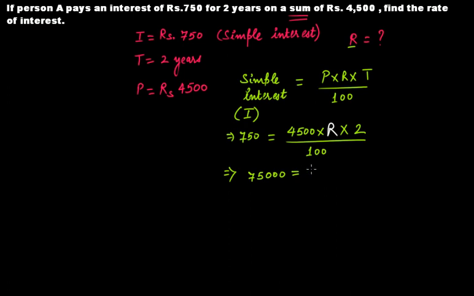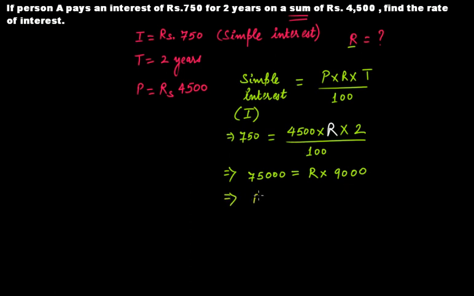Now, if you solve it, if you cross product it, this becomes 75,000, and this becomes R times 9,000.